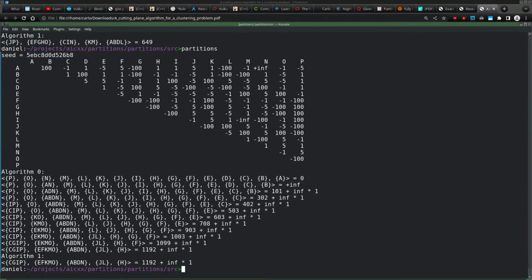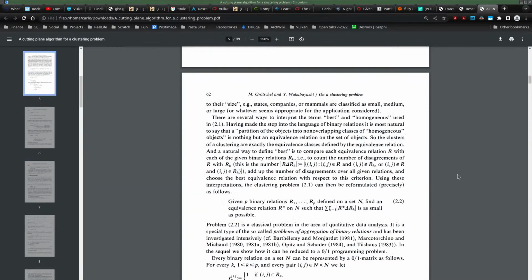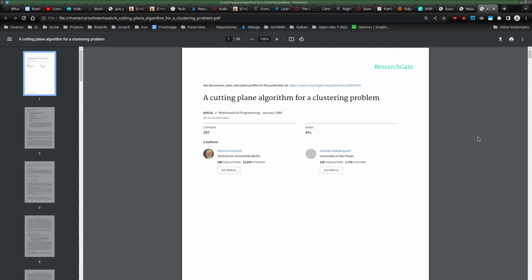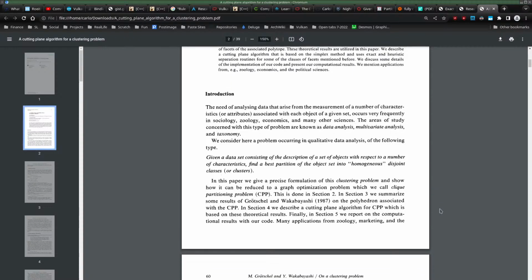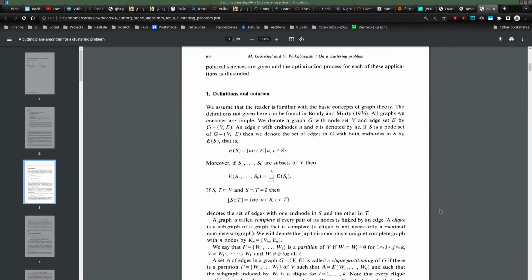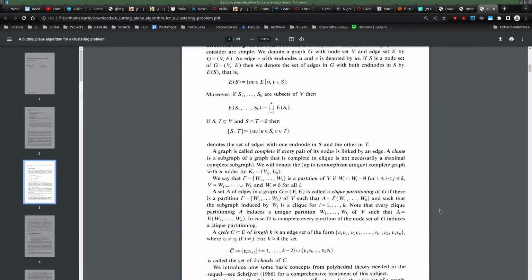You know, it's also pretty frustrating. The only article that I found about possibly my problem here that I'm trying to solve: a cutting plane algorithm for a clustering problem. So I happily started reading this.